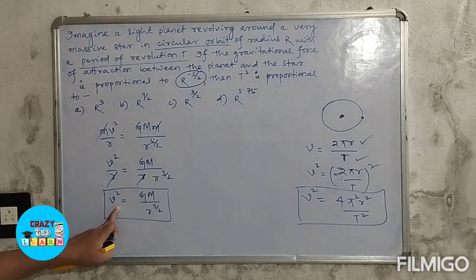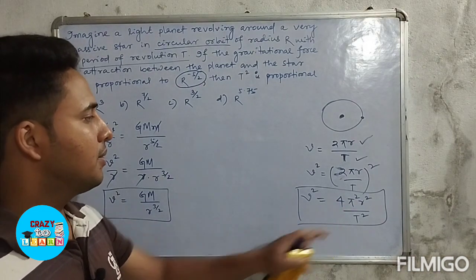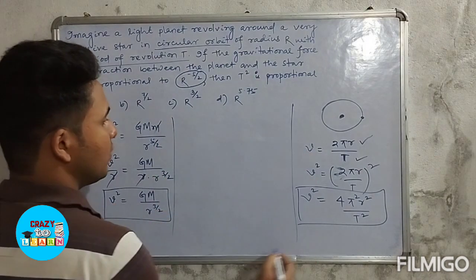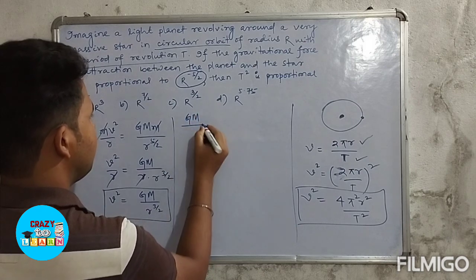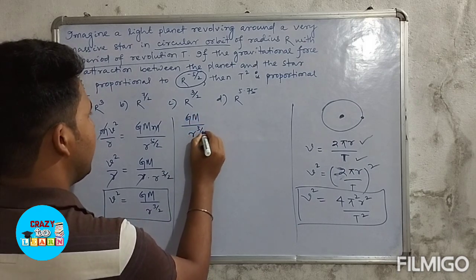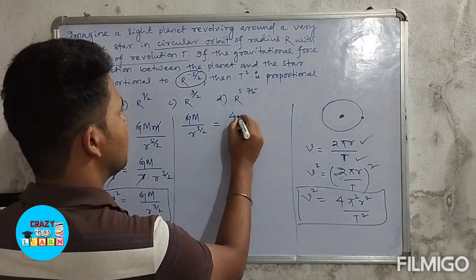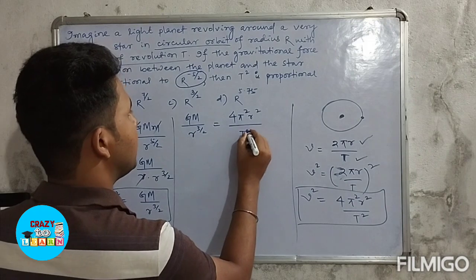So here we are getting v square is equal to capital G M by r power 3 by 2, and here 4 pi square r square by capital T square. Just equate these two things. What are you getting? Capital G M by r power 3 by 2 is equal to 4 pi square r square divided by T square.